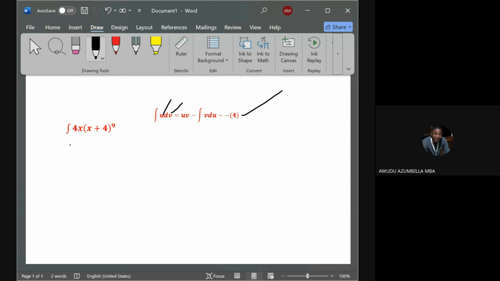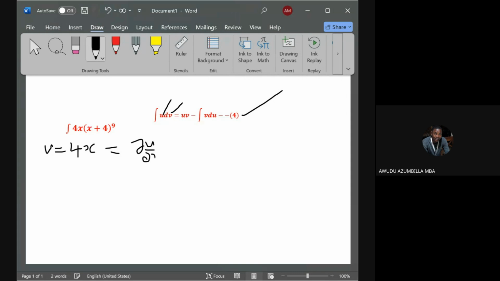So let's say let our u be equal to 4x, the one that is attached to the function, the 4x. So that we can differentiate our u with respect to x.